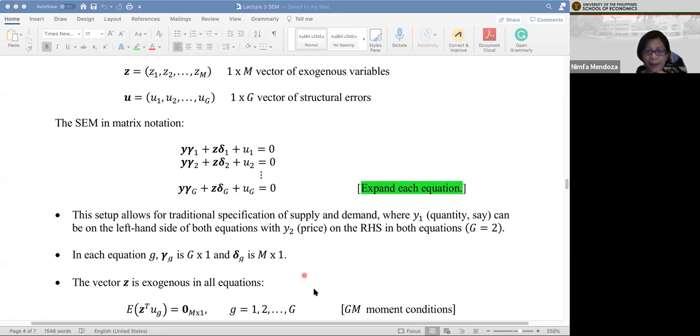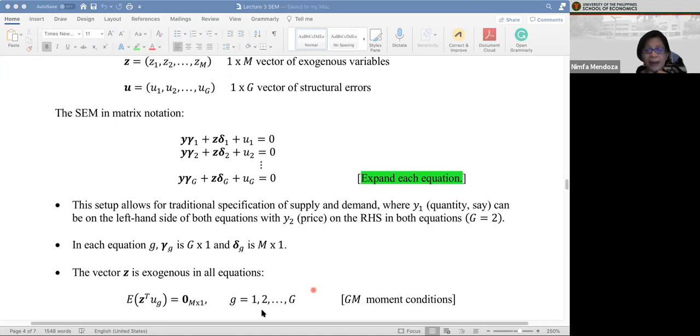Note that this would consist of G times M moment conditions, right? Because for each equation, you would have big M moment conditions.